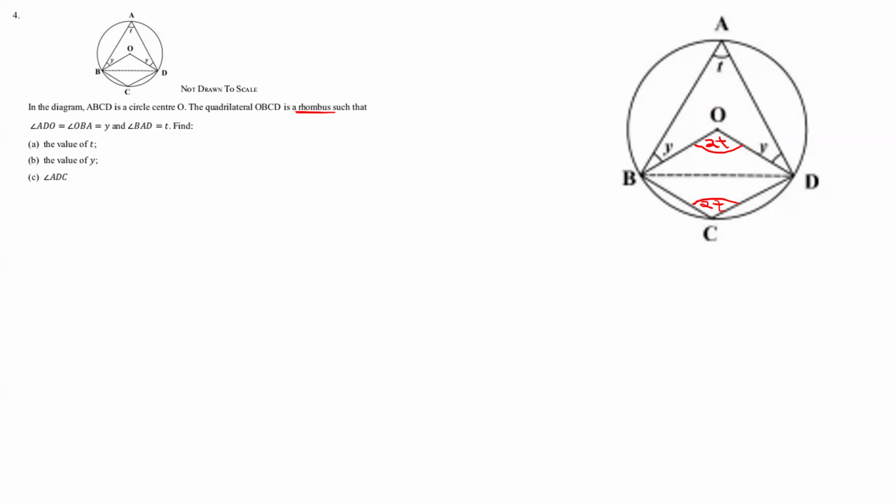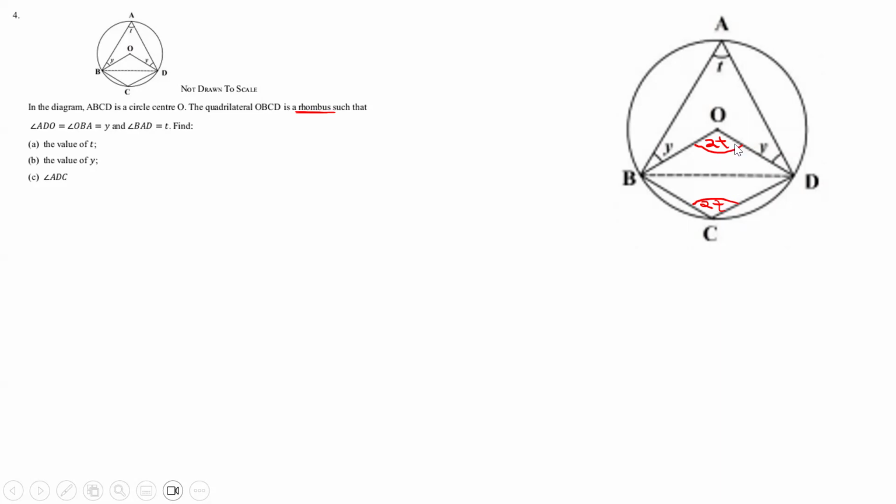Okay, so when it comes to a rhombus, these are the basic properties that you should know, because we are told that this figure that we have here is a rhombus. We are told OBCD, so OBCD here is a rhombus, that quadrilateral.